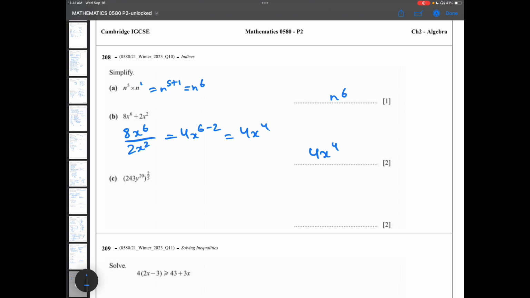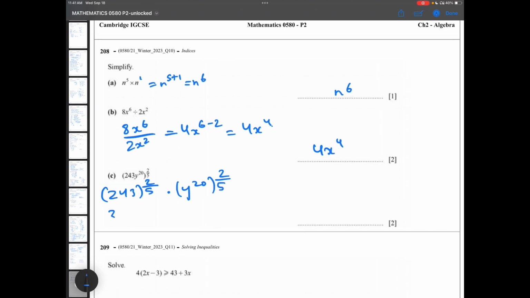Now, in the next question, we have (243y to the power 20) whole to the power 2 upon 5. According to the law of indices, the power 2 upon 5 is being applied to both 243 as well as y. 243 is 3 to the power 5, so I will write 3 to the power 5 in place of 243.